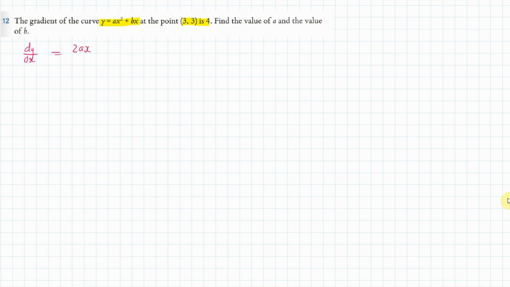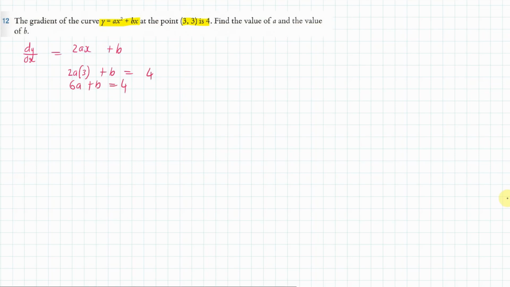Remember, a is just a constant, and then plus b. That's the gradient function. Now, we know that the gradient at the point 3, 3 is 4. So we're going to go 2a times 3, so we put our x value, plus b equals 4. So 6a plus b equals 4.